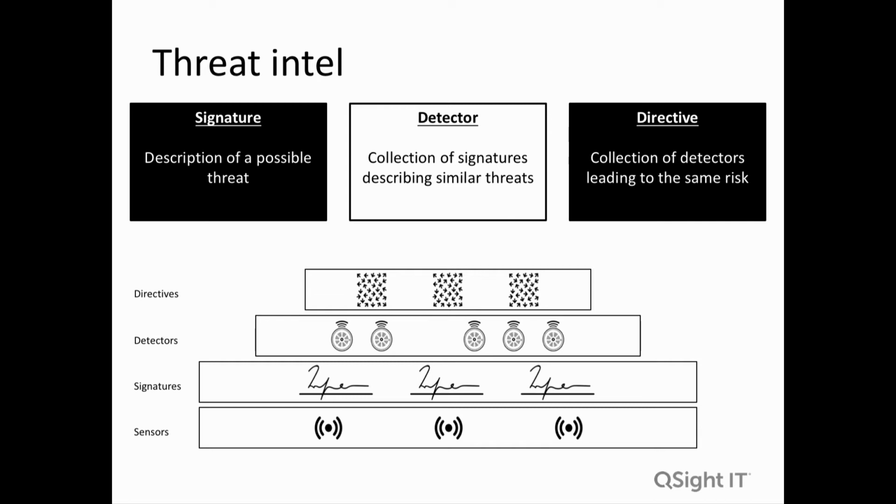In this example, we have a sensor, Suricata, which is a network intrusion detection system, which gives us all kinds of data about what is happening on the network and whether somebody or something is entering your network.